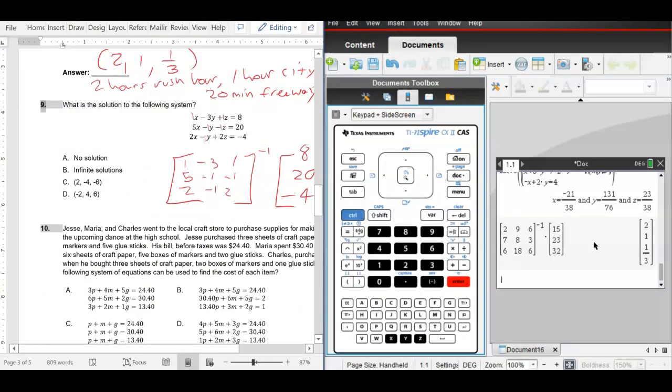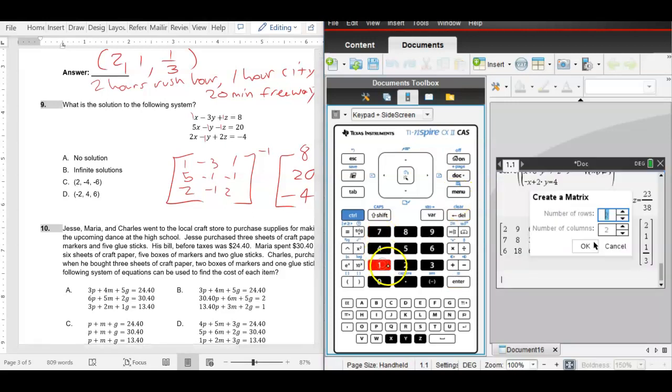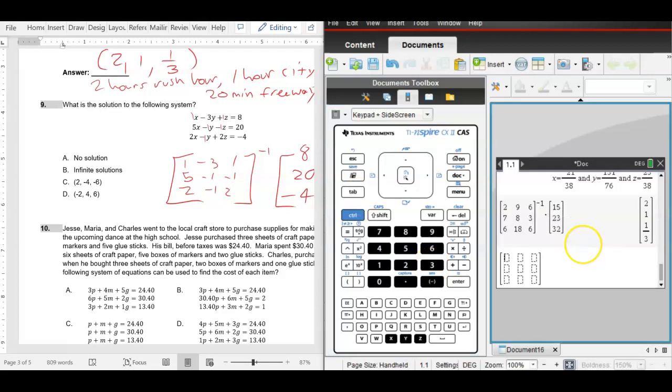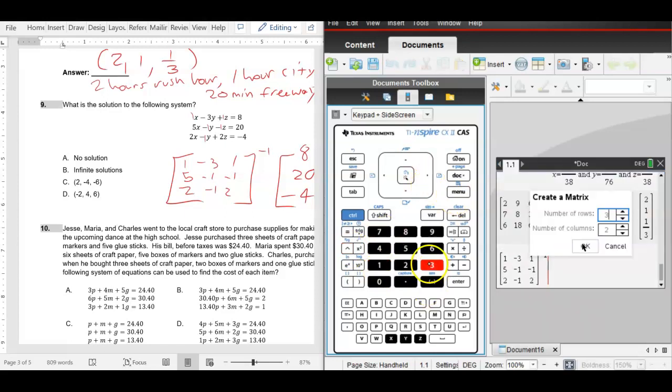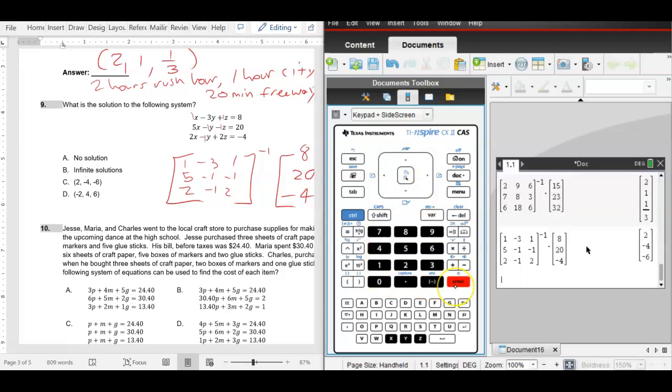All right, so once again, we're doing menu 711, a 3 by 3 matrix. Okay, and we do caret -1, menu 711 again, 3 by 1, 8, 20, -4. So I get 2, -4, -6 when I do that, which is C.